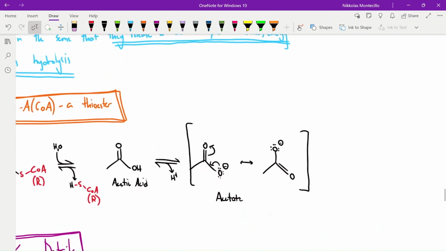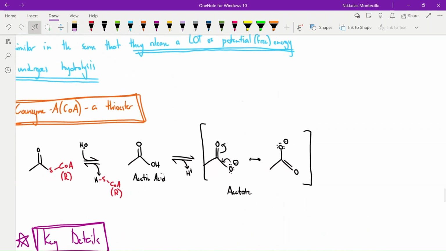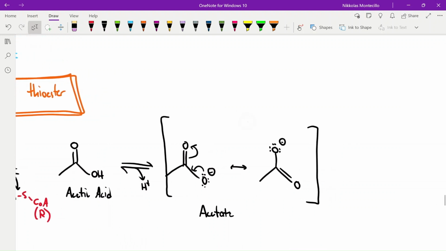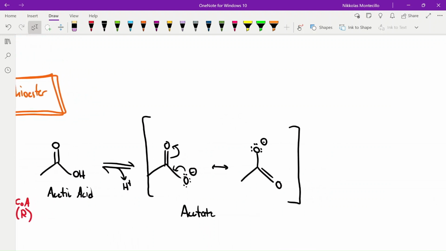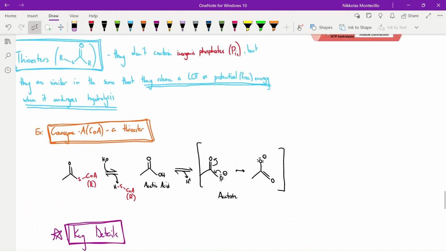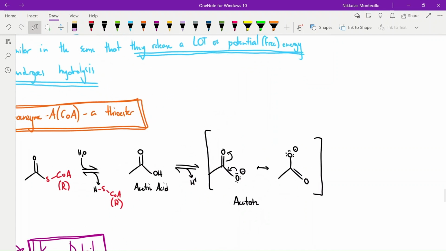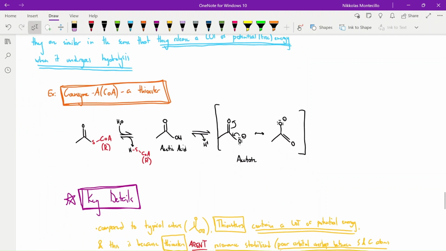And acetic acid tends to dissociate to form acetate, which is stabilized by resonance. So this reaction is also favorable because the stability of the products is greater than the stability of the reactants. Hence, this reaction is favorable.